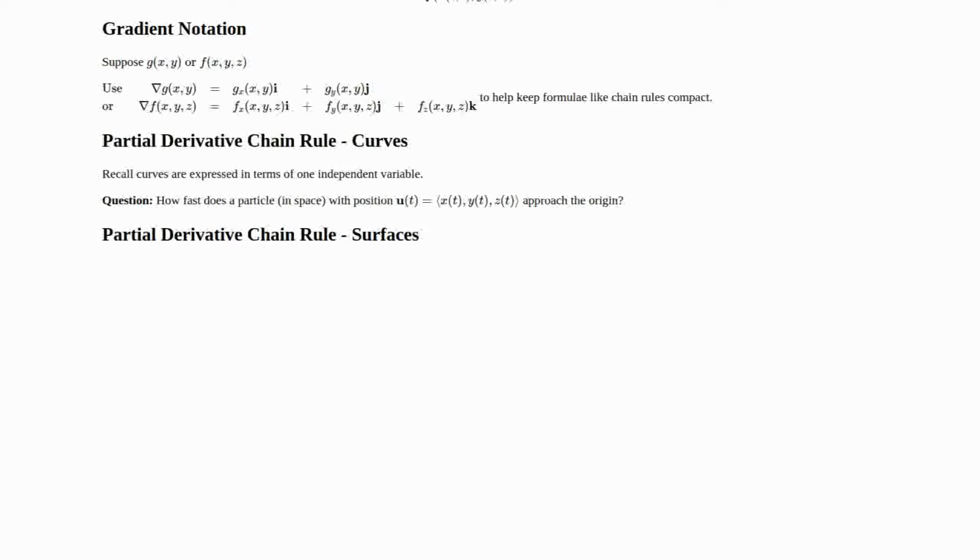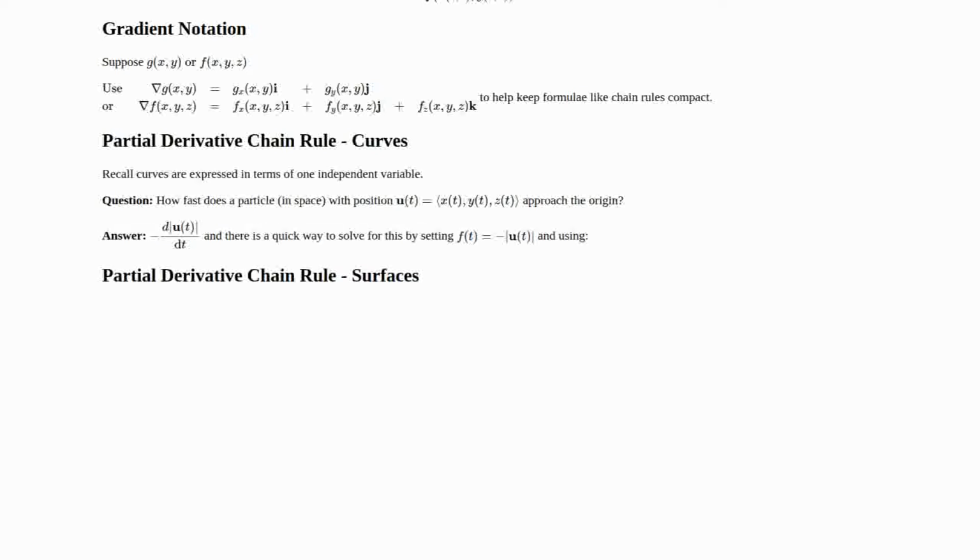For an example question about what we're going to try to do here, we could consider how fast is a particle in space, with position u(t), being the vector position x(t), y(t), z(t), approaching the origin? Well, the answer is the negative of the derivative of how the size of that position changes.